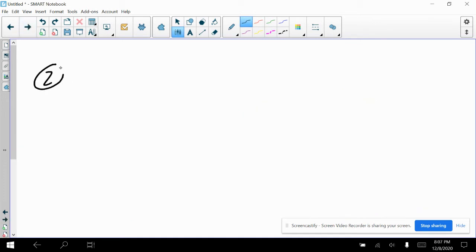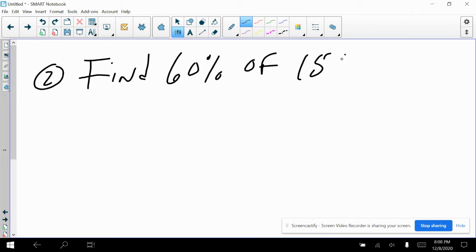Let's try number 2. Okay. So again, we might have something that says find 60% of 150. That's a possibility. Okay. Actually, this is, in my opinion, a little bit easier.